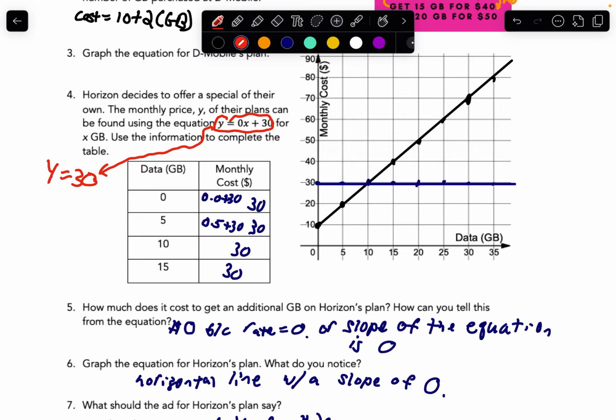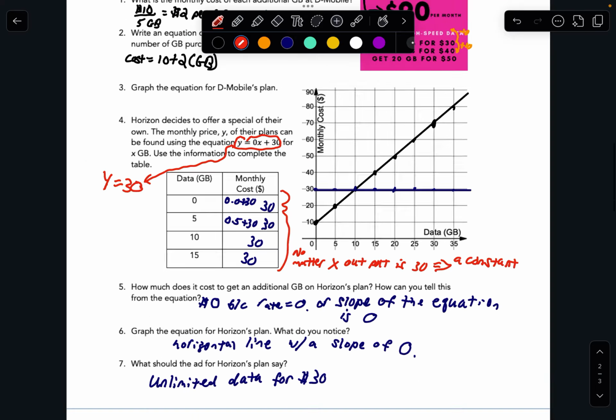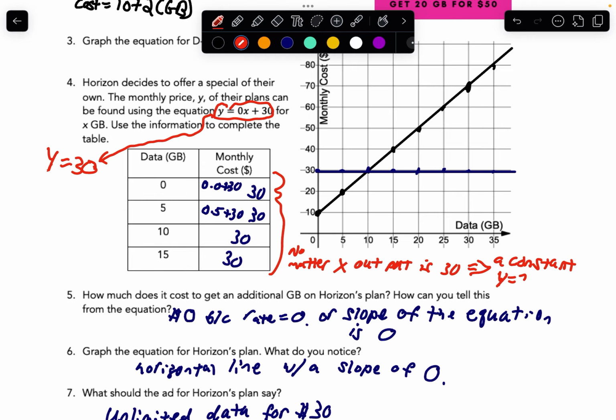Also, no matter what the x is, the output is 30. This equals a constant. It doesn't change. And the equation could just as simply be, as I wrote before, y equals 30.